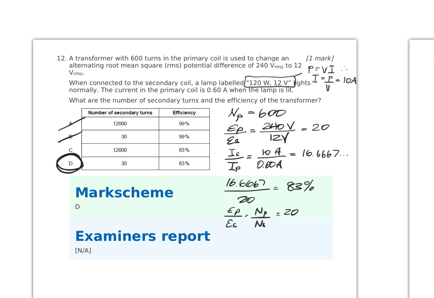So N S is equal to 30, and there's our answer. And then you can say, well, what about the ratio of the currents? If I use the ratio of the currents, I wind up with 36 turns, and 36 is not a choice. So I'm supposed to be using the voltages, not the currents.